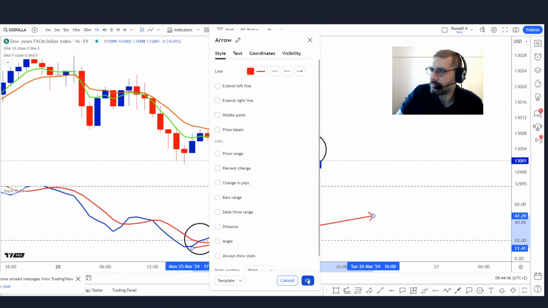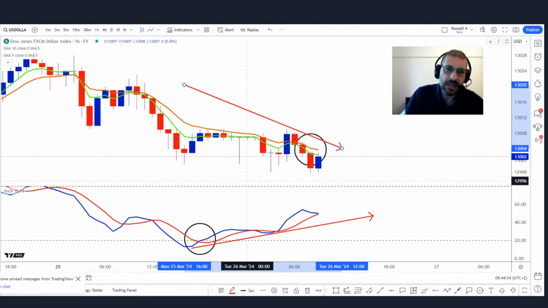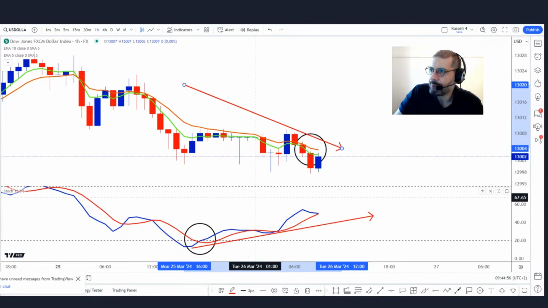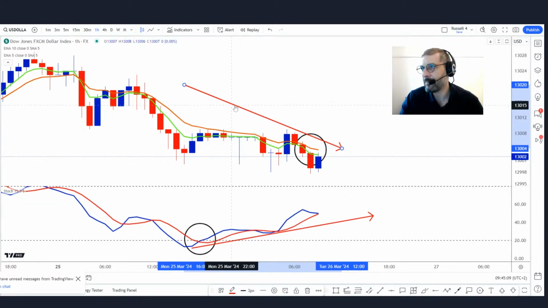The stochastic moving up, and you've got the US dollar moving down. So you've got a divergence with the indicator and the price. Now, when George Lane derived the stochastic, he did suggest that the divergences were the primary signal. If that's the case, we would need to see the EMAs cross over as well.